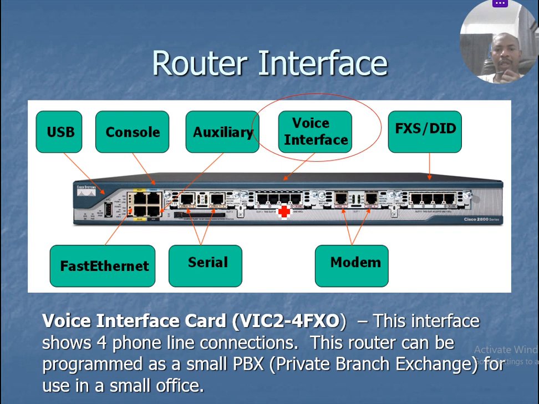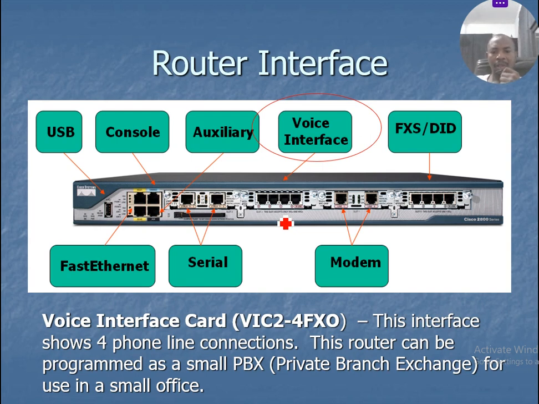So with the router you can connect to a telephone line, like the one we have in the office or even in our homes, so you can call out and receive a call. I'm not talking about a mobile phone. I'm talking about the network phone. So you can call and receive calls and so on. So it has 4 inputs for voice, for telephones to be connected.